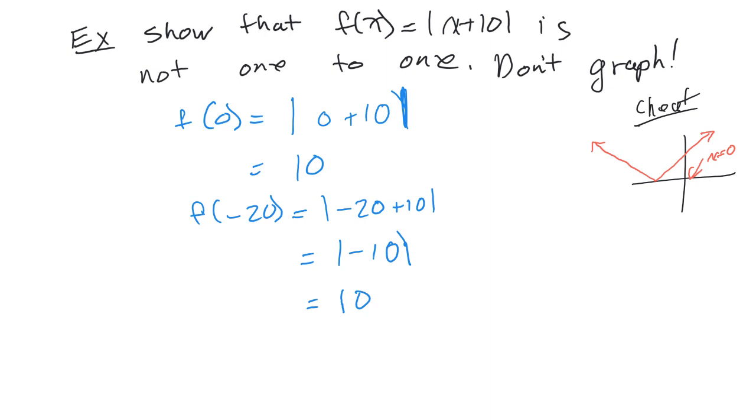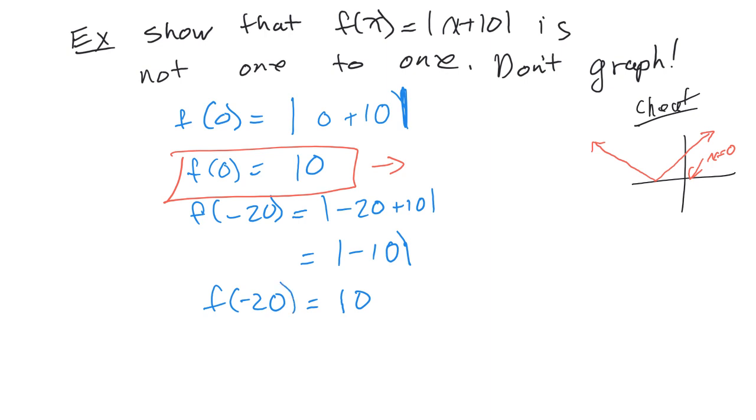Wait a second. Oh my goodness. So you're literally saying for y being 10, you have two possible values of x giving out a 10.